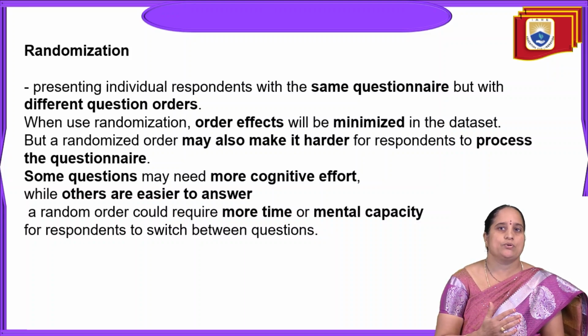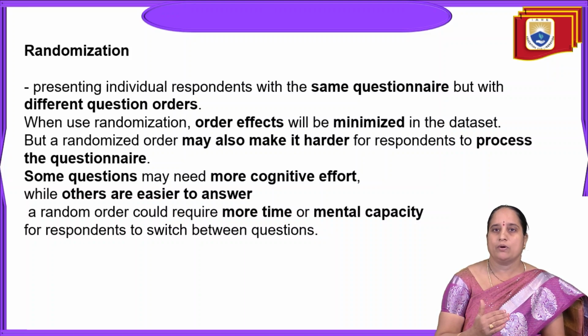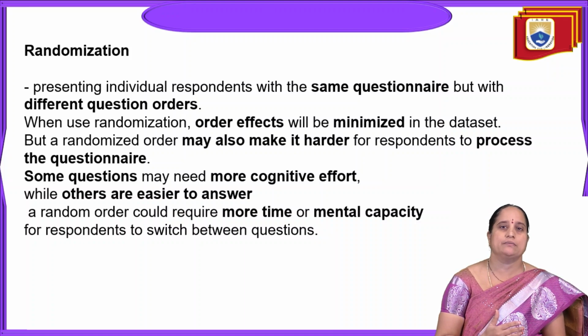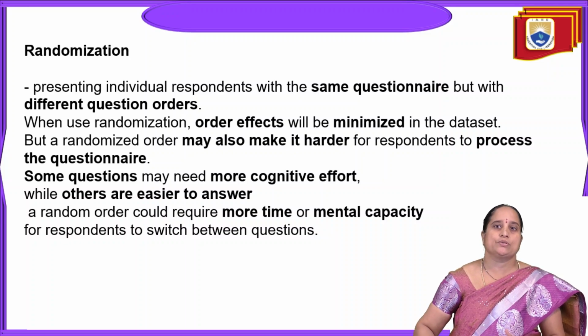A randomized order may also make it harder for respondents to process the questionnaire, and some questions may need more cognitive effort while others are easier to answer. So a random order could require more time and mental capability for respondents to switch between questions. It takes some time to switch over from one question to another.